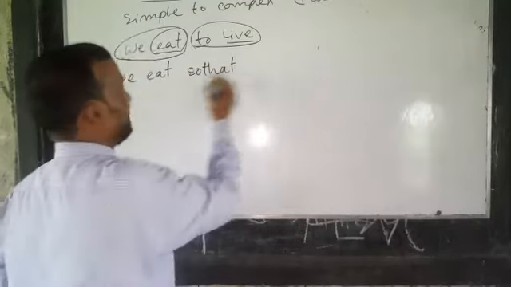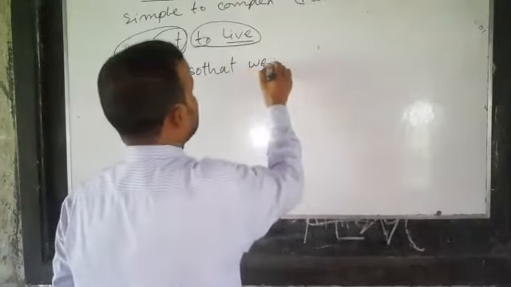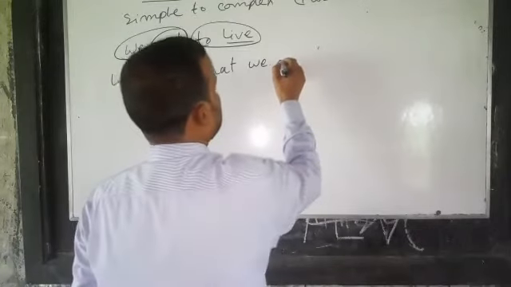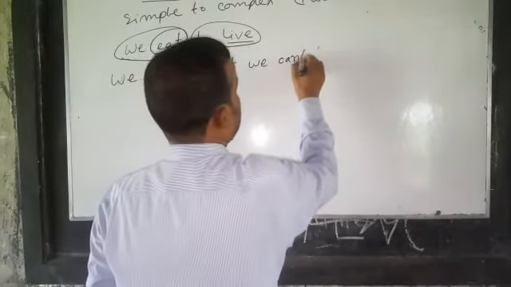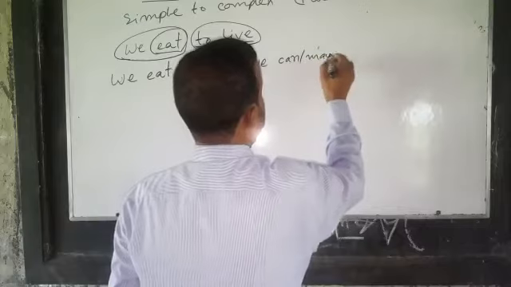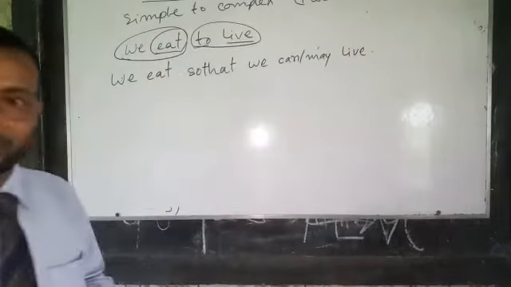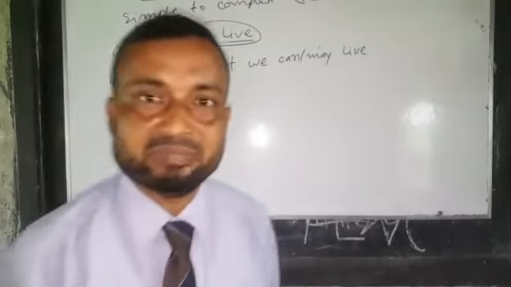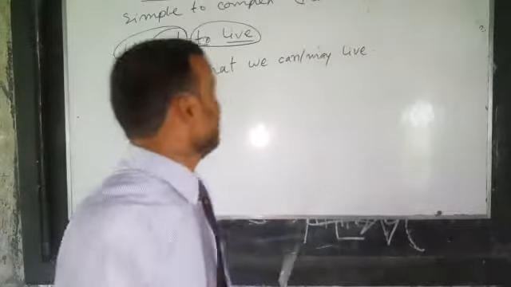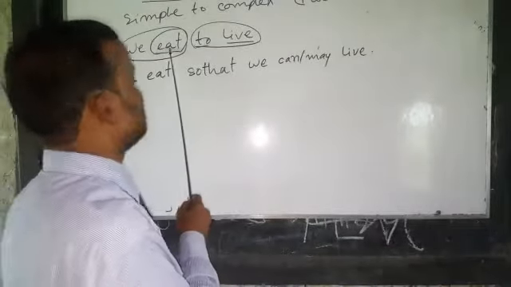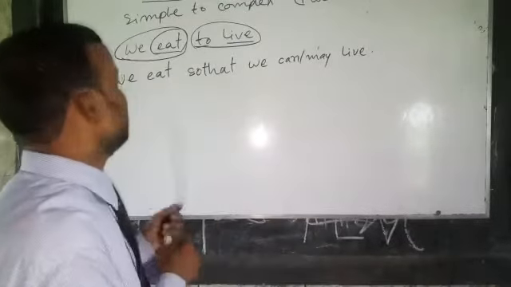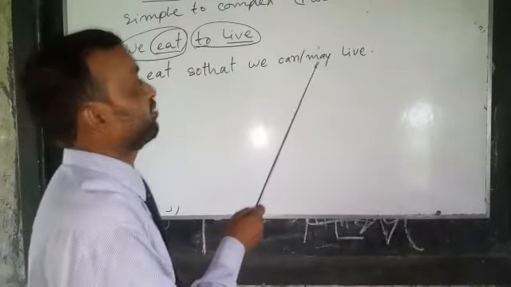So that, then again subject we, then can or may, live. Can I make you understand? My dear students, follow. If this is the present tense, we use here can or may.